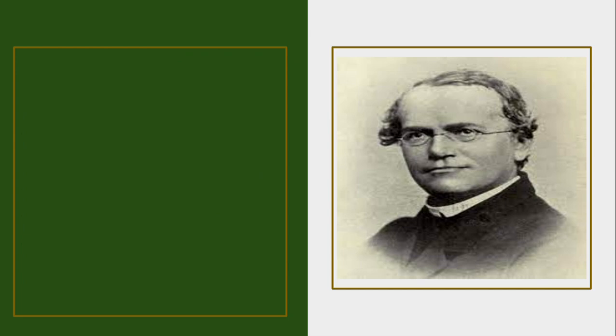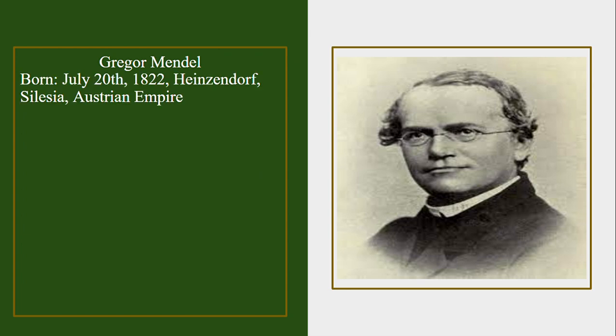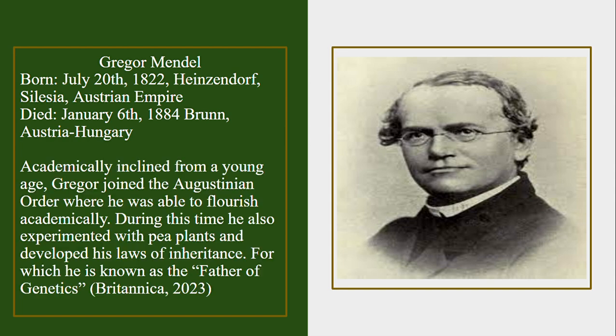Before we dive into the laws, I want to take a moment to talk about Gregor Mendel. He was born on July 20th, 1822 in Heizendorf in Silesia in the Austrian Empire. He died on January 6th, 1884 in Brno, Austria-Hungary. Gregor Mendel was a fairly academic kid from the start.